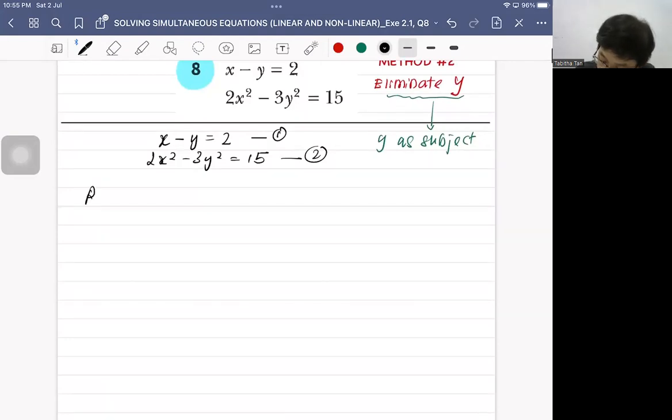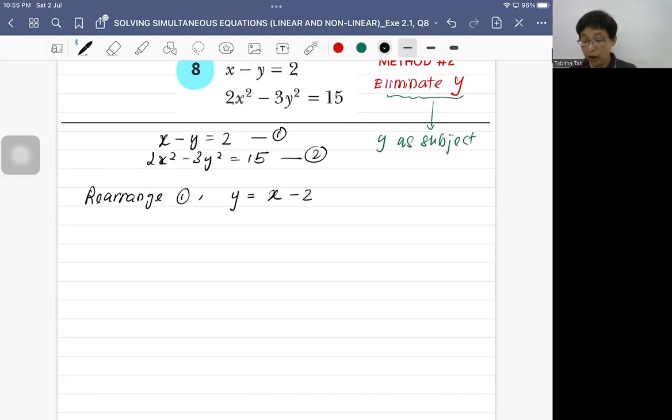So we're going to tell the examiner, we're going to rearrange equation 1 so that y will become the subject. So we just make the y, and then the x, we minus it over. Okay, so now you have successfully made y the subject, and let's give it a new number.